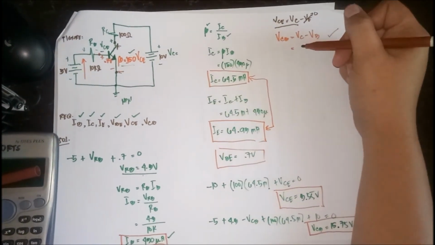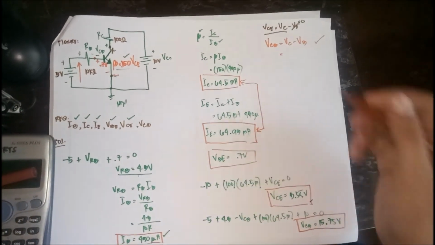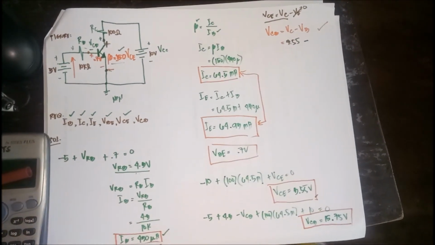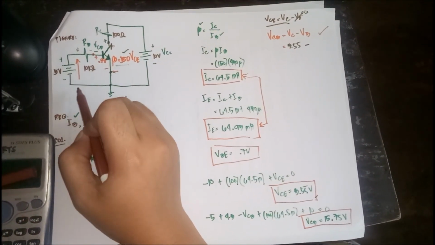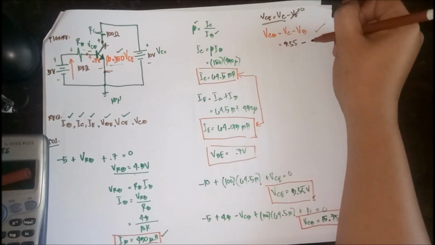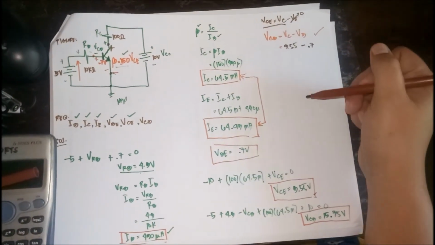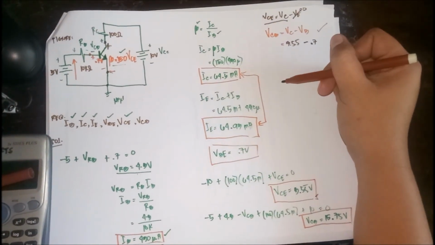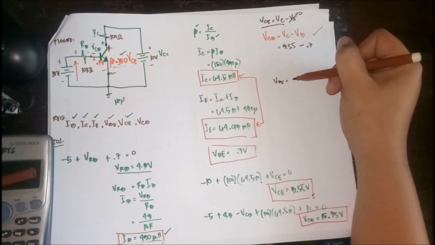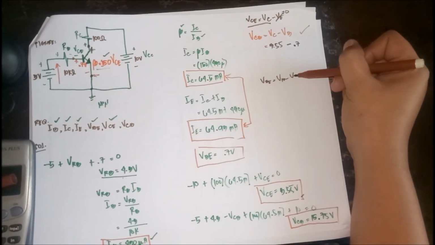So, this is VCE, which is equal to, nahanap na natin kanina, I think. And dito, 3.55. So, we have 3.55 minus our VB is from here to the ground. Or, dito na lang ako dadaan. Same lang naman, which is 0.7. This is 0.7. Same is true din siya, no? Ma'am, bakit yung VB is equal to VBE? Kasi VBE again is equal to VB minus VE.